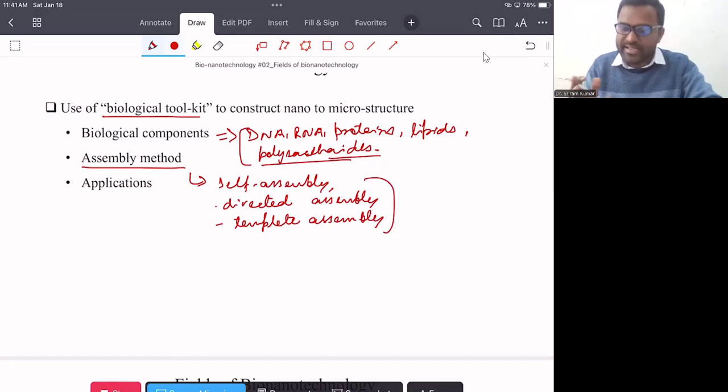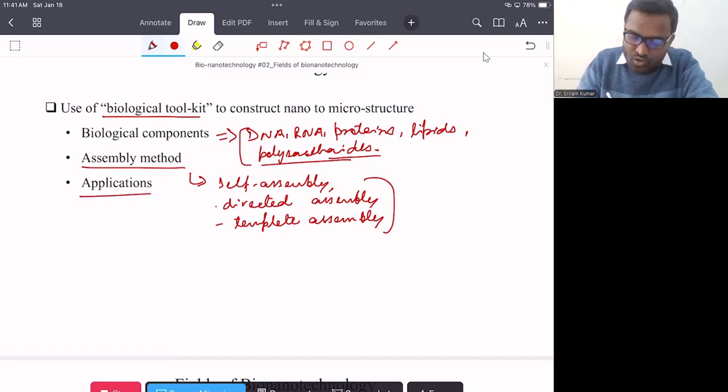Using these three kinds of assembly, we can develop nanomedicine. We have DNA and nanomaterials, and we can combine them together to develop self-assembly, directed assembly, or template-based assembly, so that it can be used as a nanomedicine.